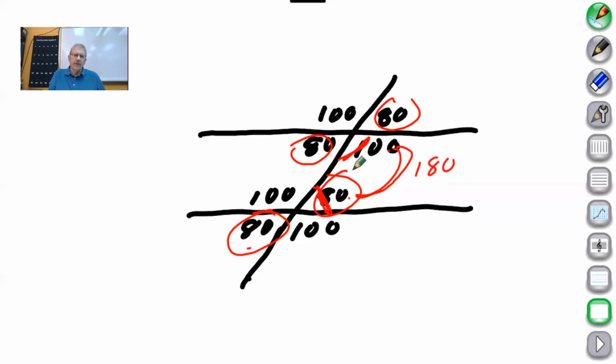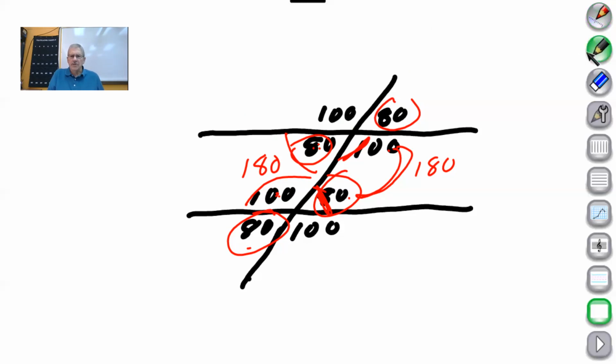So these angles inside here, we call these interior angles, will equal 180. And if you look over here, the same holds true. They're 180 degrees. These two angles inside this little pentagon or parallelogram or whatever you want to call it are supplementary.